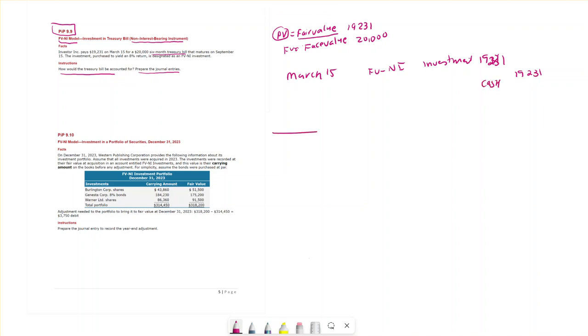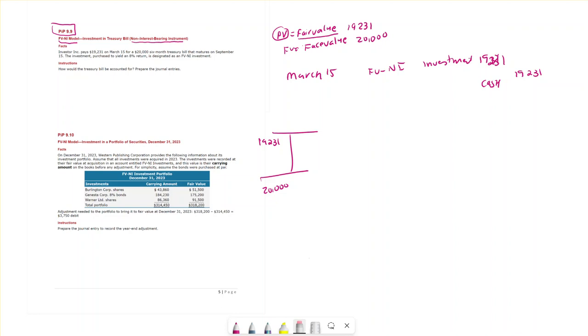If this is 19,231, 6 months from now you want the value to be 20,000. So in between we might have to record our investment. They told you that this investment is designated as a fair value net income investment.